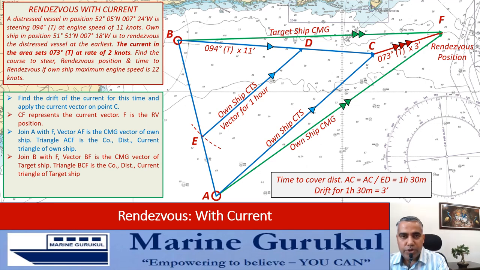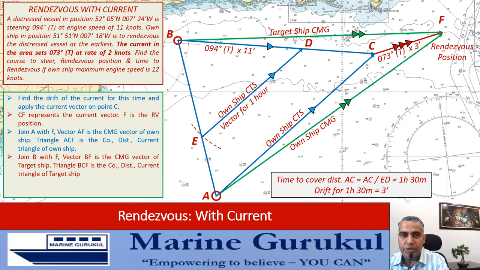Now it is very important to note here that when we compare this plot, that is rendezvous with current, with the plotting of rendezvous without current, you can see and appreciate that there is no change in the course to steer. The course to steer by own ship remains the same irrespective of whether current is present in the area or not. Also, you will observe that there is no change in the time to rendezvous.